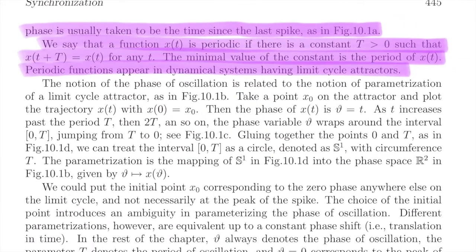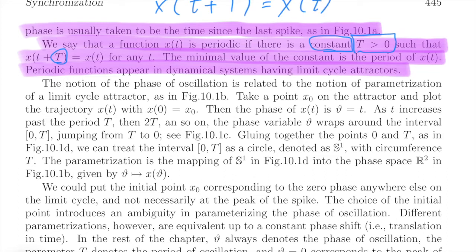So we say that a function x is periodic if there is a constant. It's important that it's a constant, right? If there is a positive constant T such that after the period T, it is going to be itself again, like x of t plus T is equal to x of t.